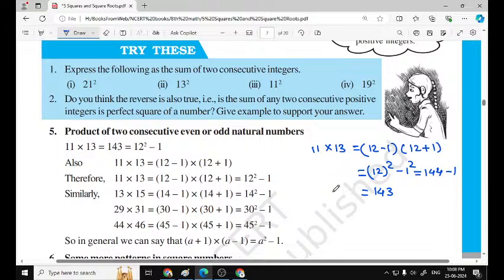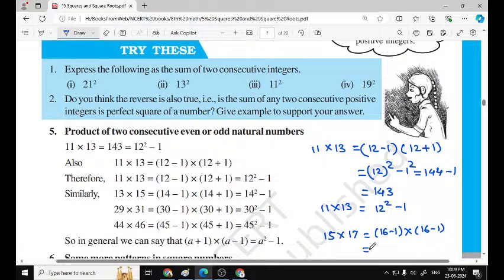So that can be written as 11 into 13 is 12 square minus 1. Now let us consider another pair of such numbers. Let us consider 15 and 17. In terms of the middle number, it is (16 minus 1) into (16 plus 1).